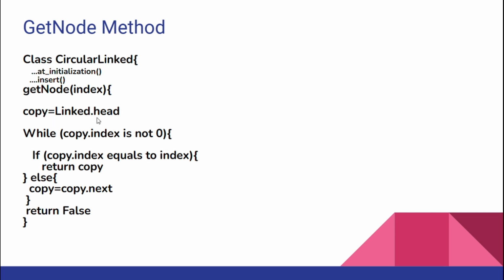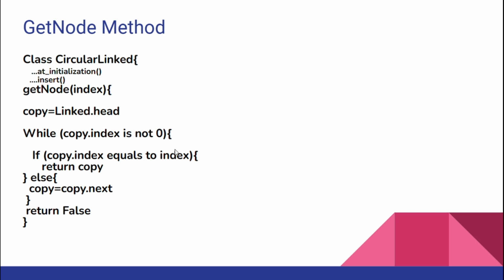So it creates a copy of the linked list head attribute, which stores the nodes, and then it uses a while loop to traverse the copy while the current node index is not 0.